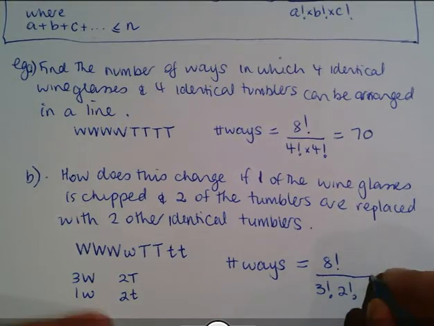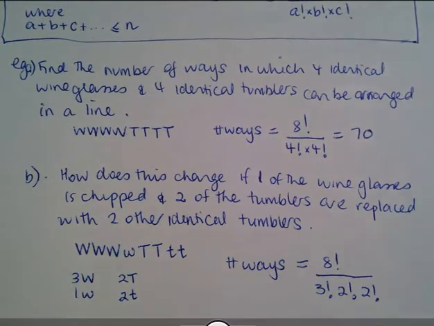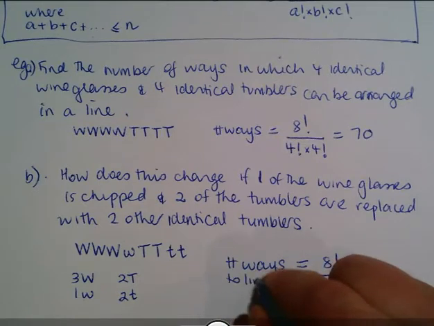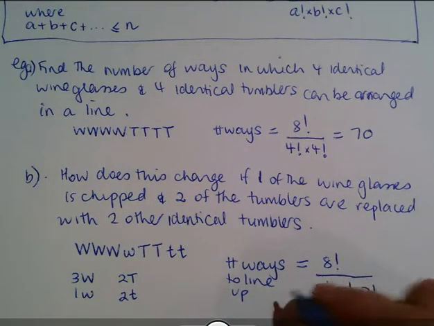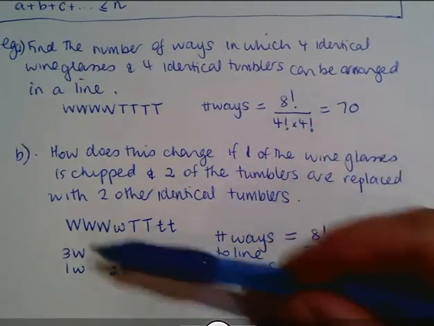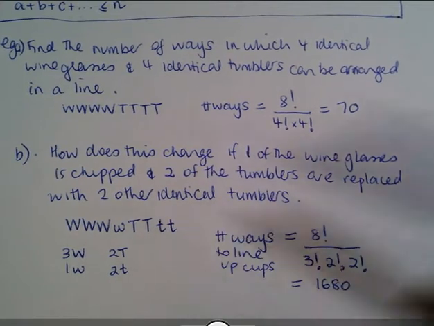Over 2 factorial for the 2 tumblers that are the same, and 2 factorial again for the other 2 tumblers that are the same, and this gives me 1,680 ways to line up the, I'll just call them cups, okay? So obviously you end up with more ways because there are more different types, okay?